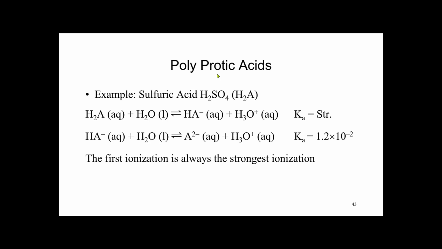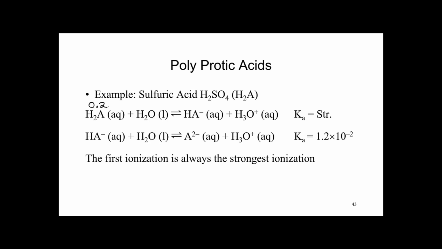In the first ionization, let's say I have a 0.2 molar solution of sulfuric acid, and I wrote it as H2A, so I didn't have to write sulfate over and over again. What's going to happen is that it's going to completely ionize, like a strong acid, a mixture of HCl and a weak acid.